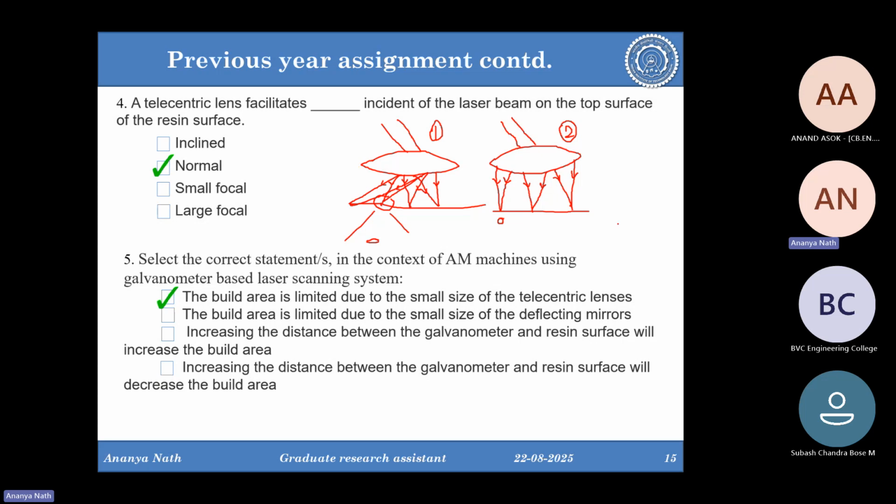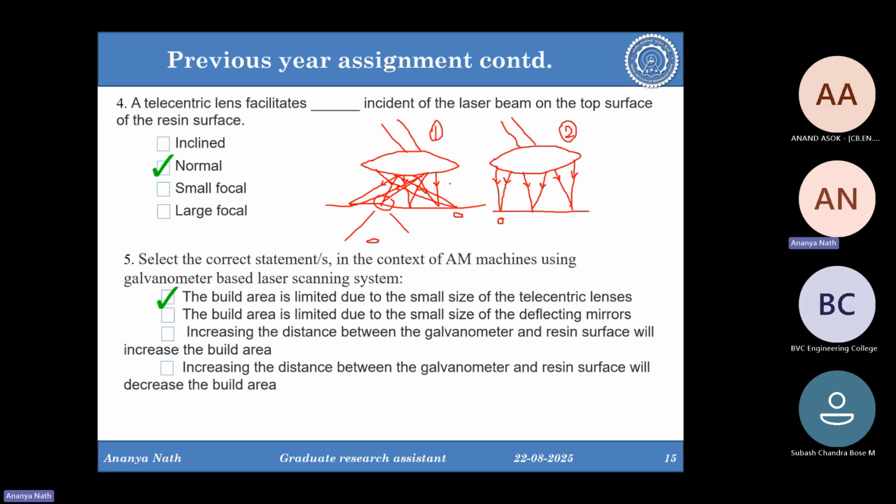But in the case of the F theta lens, even if it's making the laser fall at a focus point on the build plate, the spot is no longer circular. It has become elliptical when it's falling at the corners. With the telecentric lens it will be focused and perpendicular.